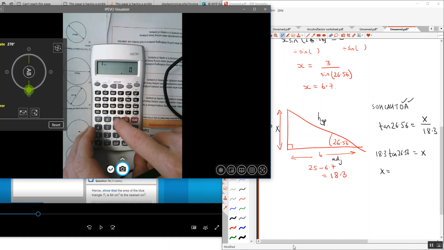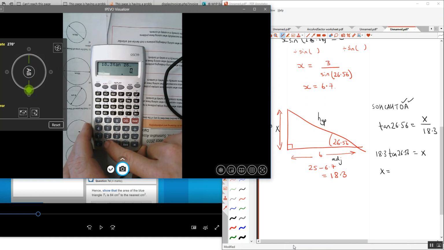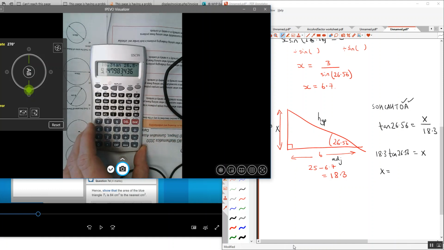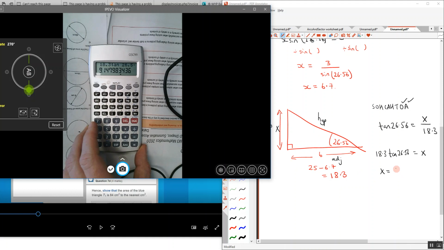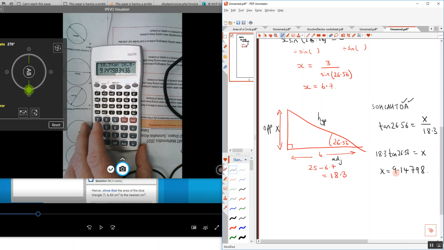This means you have to show all your work. So 18.3 and... 9.1 point, I'm going to leave it there. I thought 9.15. Okay, yours might be slightly more accurate, because did you use the full answer for your angle? Yeah. Okay, so it's slightly more accurate.